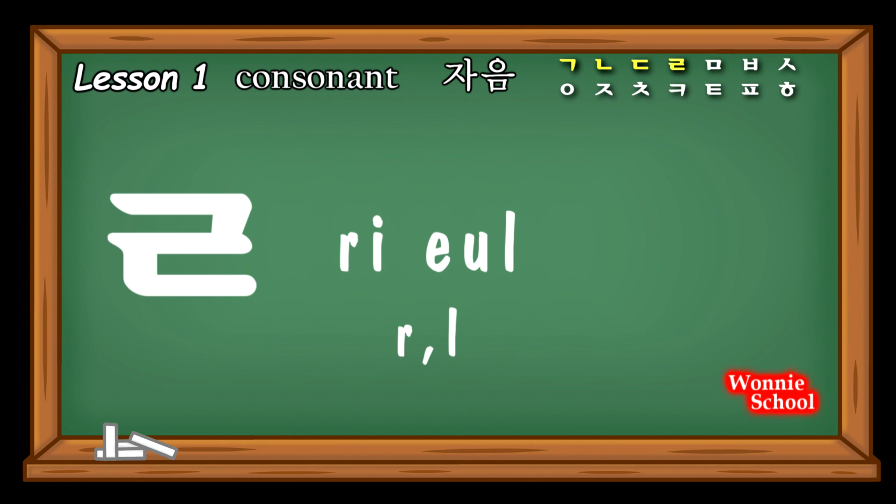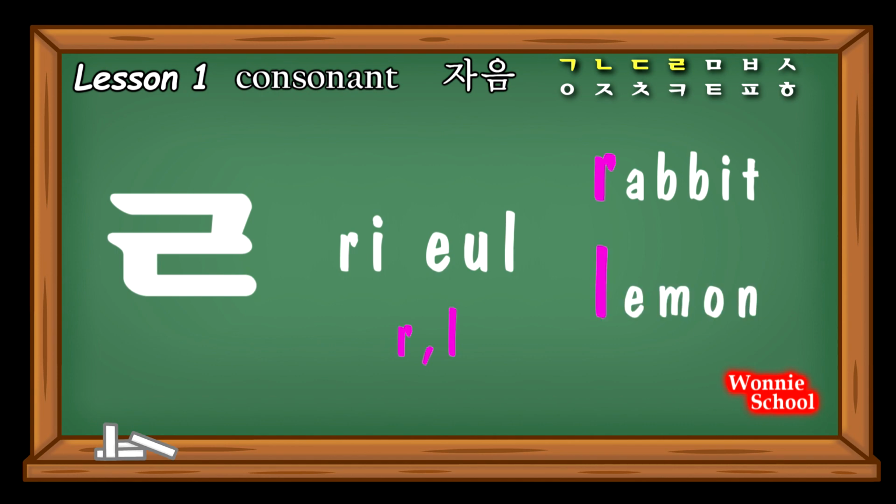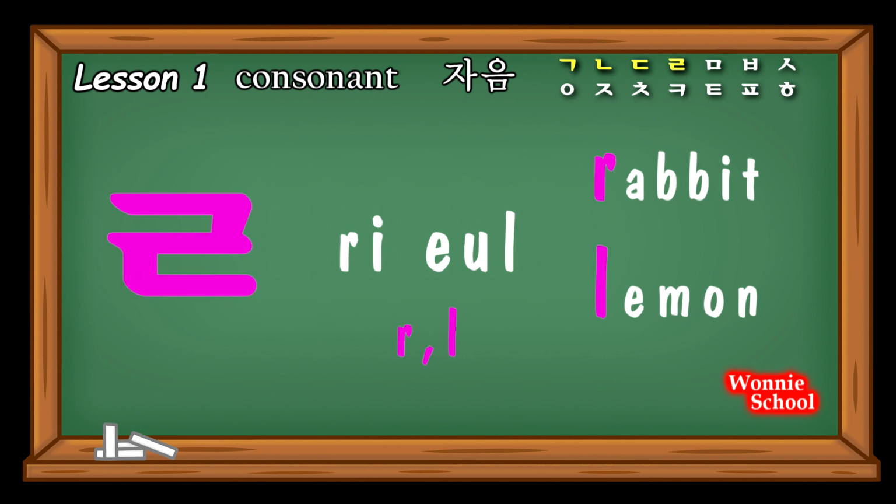Okay, next. It's 리을. So basically, this 리을 has two sounds, which are R and L. But in Korean, we do not have both sounds separately, but it's closer to L sound with the word 리을. As you can see, I put the word rabbit for this letter, but it can be also lemon to explain this sound. Then, let's see the order of this letter. 1, 2, 3.